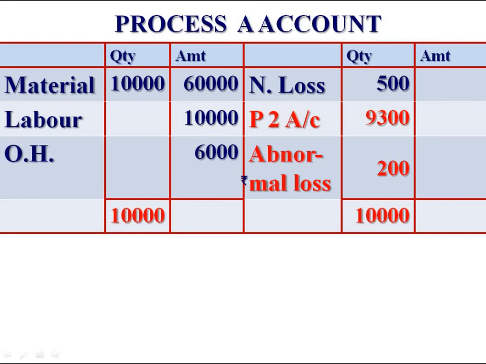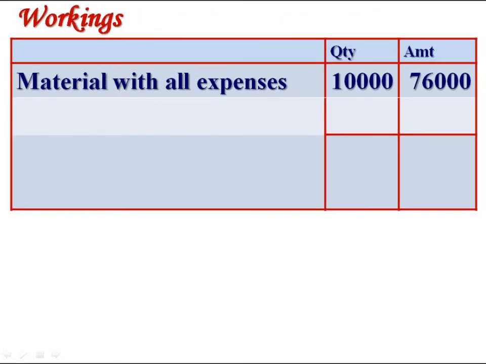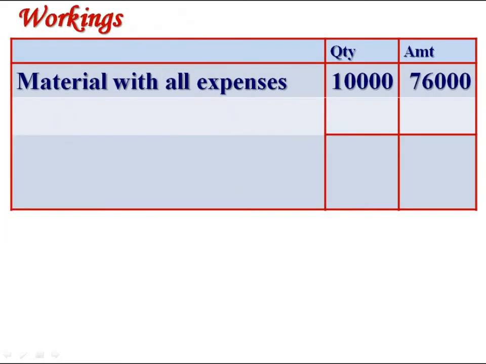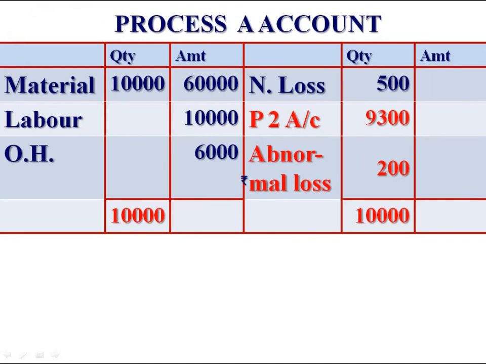We have to compute the cost of finished goods and abnormal loss. Workings. Material with all expenses. Debit side, we can see 10,000 is the material units, and 76,000 being debit side total: 60,000 plus 10,000 plus 6,000.